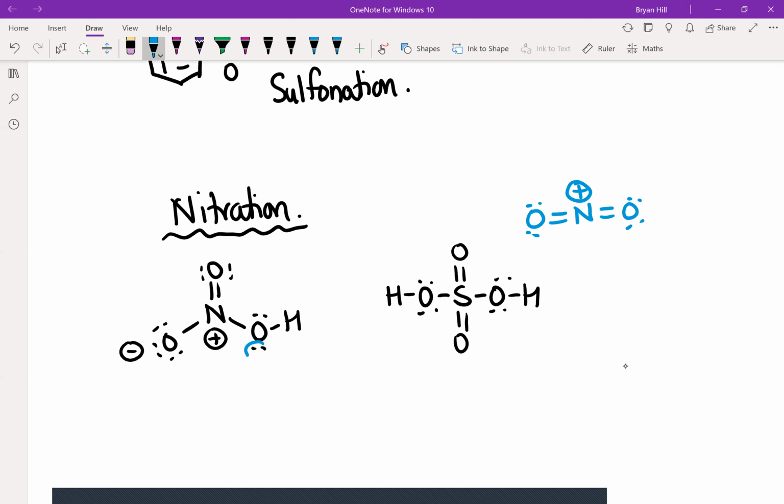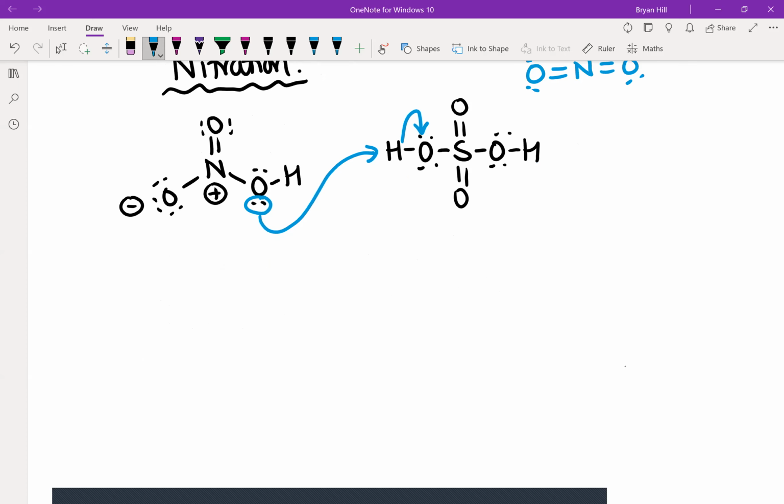So if we protonate our nitric acid, we end up with this. And we generate a good leaving group. Then we'll boot out our water.